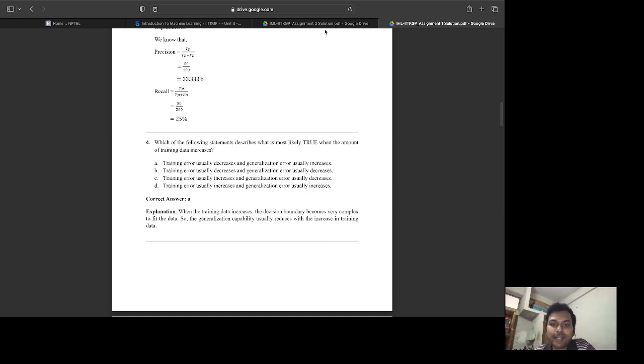So in that case, what you would have to assume is that your model is very powerful. Then it will learn everything that you have given it to train on, and your training error will go on decreasing.